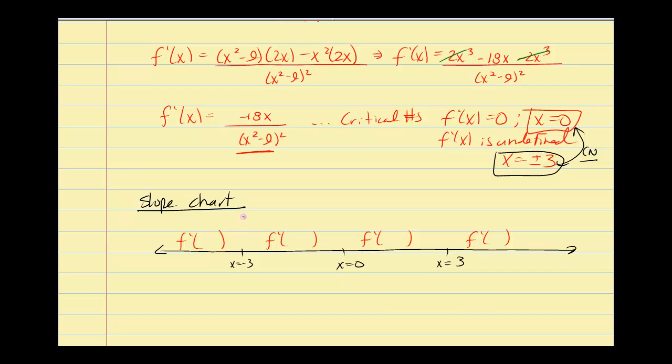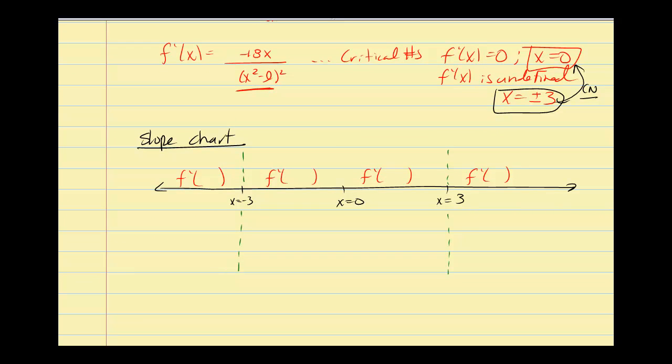Well, we may as well take care of this right now. Negative 3 and positive 3 are vertical asymptotes, so it's not possible for them to be a relative max or relative min. If you can sketch it in on your slope chart, sometimes that helps clarify what's going on. So I'm going to plug in some obvious numbers here like 4, 1, negative 1, and negative 4.